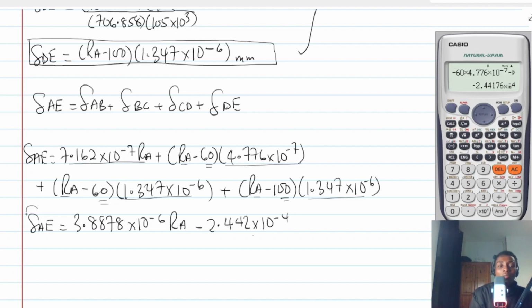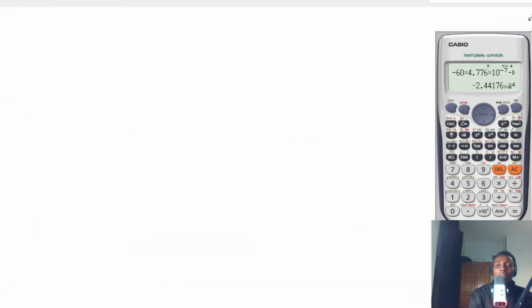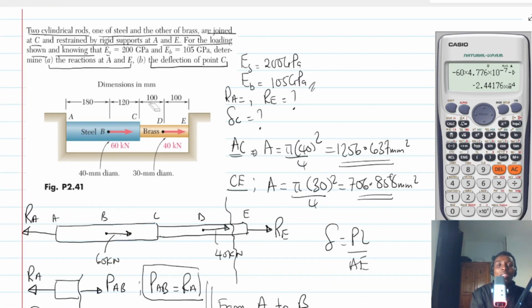So this is the expression for delta A. But interestingly, if you look at this, this is actually statistically indeterminate. So you realize that the deflection at the end will be 0.